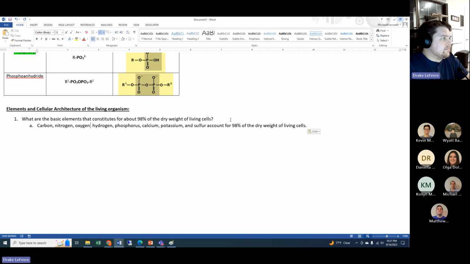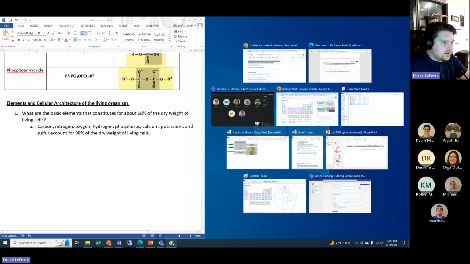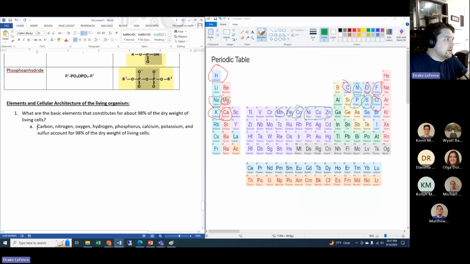Now looking at these, remember earlier when we went on the periodic table and I circled those specific components? Look here. Carbon is circled, nitrogen, oxygen, hydrogen, phosphorus, calcium, potassium, sulfur.